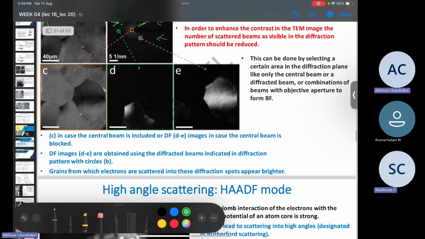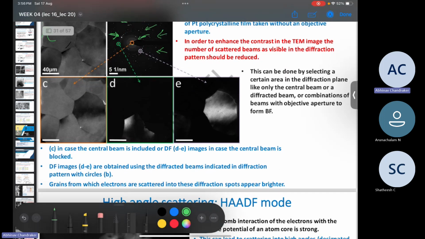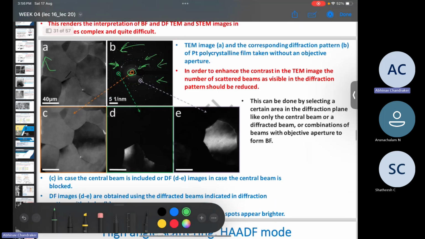So here, when only the central beam, which is the transmitted beam, is considered, we get this kind of an image. When one of the diffracted beams is used, we get this image. So this part has a lighter contrast, so this region is diffracting more by this particular diffraction plane. While if you consider this diffraction plane, we get this kind of an image.